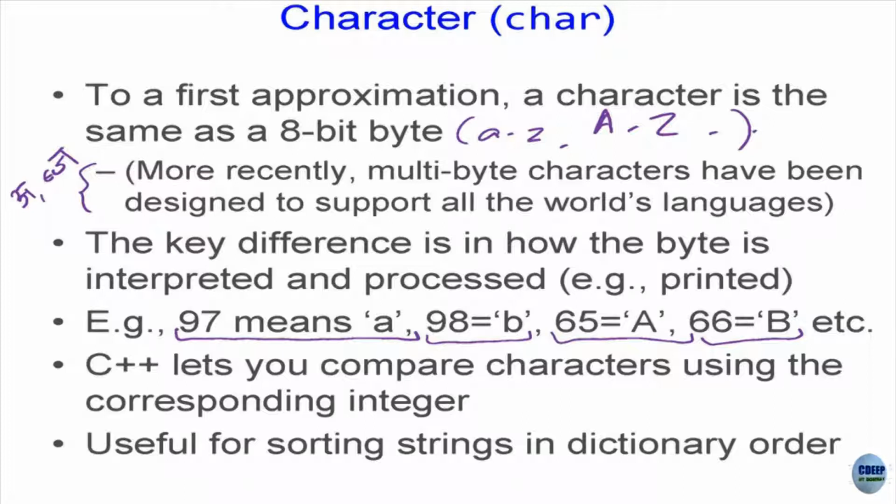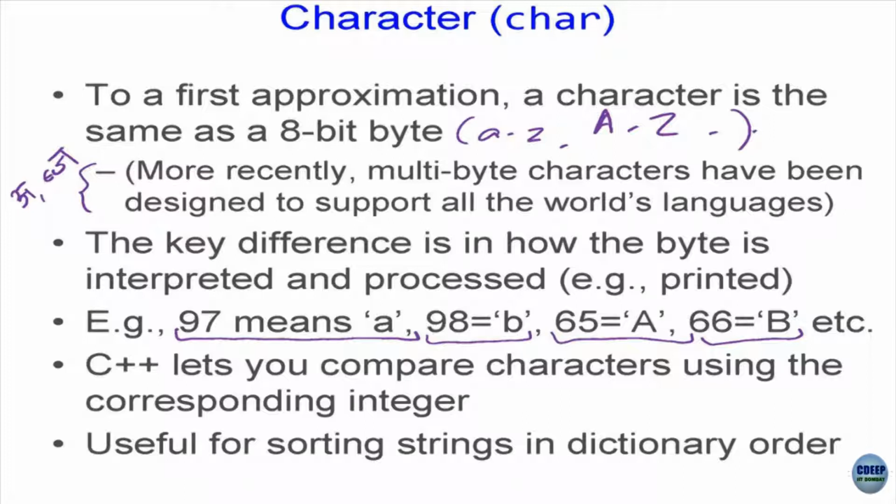If you wanted to only look at, say, the Latin representation, small a to small z, capital A to capital Z, and some special characters, then an 8-bit byte is good enough. But if you can read Hindi, you could also have conjunct characters like Ja, right?